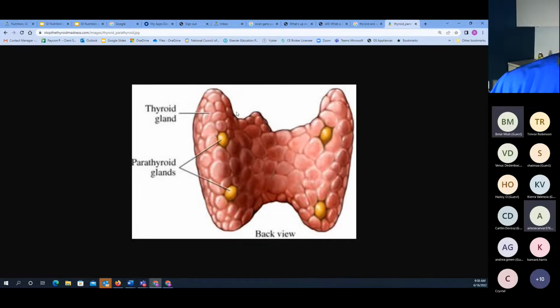Hopefully that makes sense. When we palpate the thyroid gland, we cannot palpate the parathyroid glands because they sit in the back. But we can palpate the thyroid gland, obviously. So that's just to give you an idea about that.